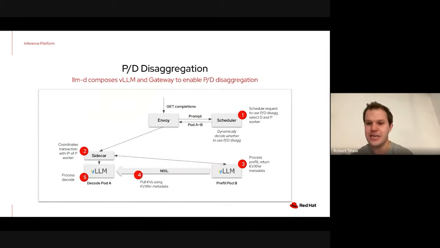As you can see, using this mechanism where the scheduler is aware of the fact that we've configured the inference pool with prefill pods and decode pods, and by using this wire protocol for KV transfer and leveraging the NIXL technology, which executes the RDMA transaction, we're able to successfully disaggregate the prefill and decode phases of inference, which allows us to optimize the prefill pods for prefill work and the decode pods for decode work.